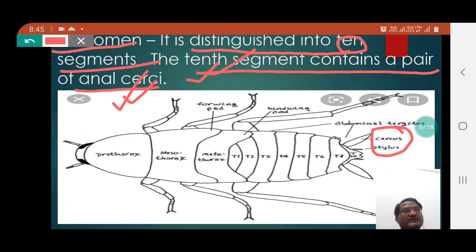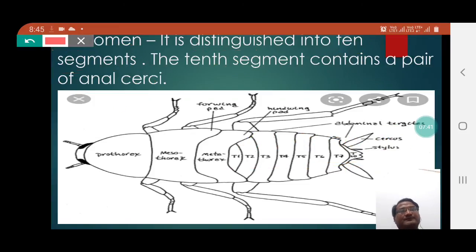Now students, the other segments present in the abdomen you can also see: segment 1, segment 2, 3, 4, 5, 6, 7, 8, 9 and finally 10. So students, this shows that these segments form the abdomen and are 10 in number.